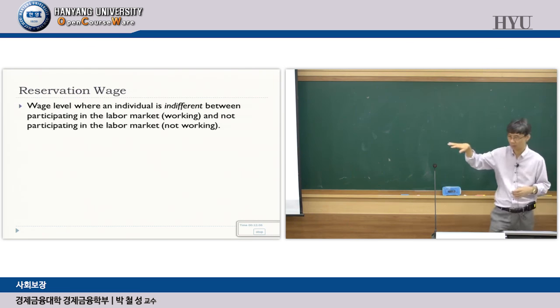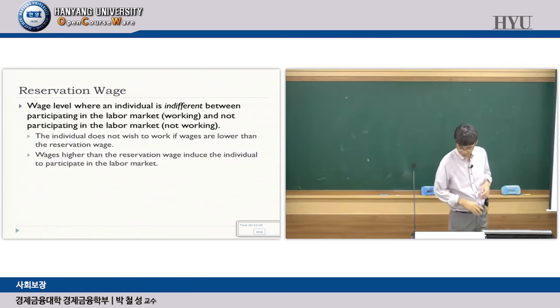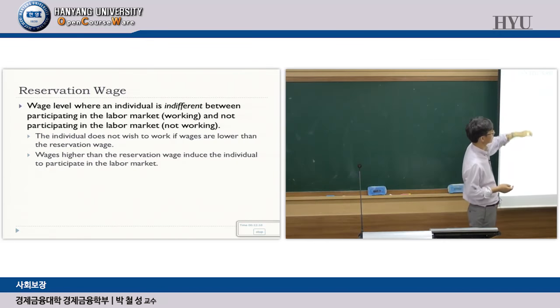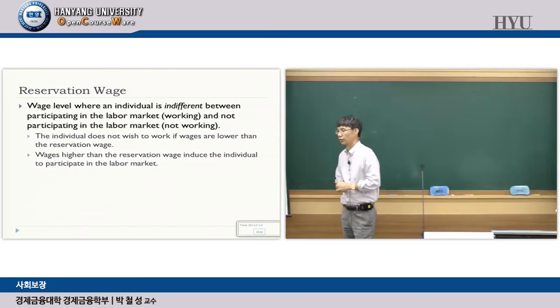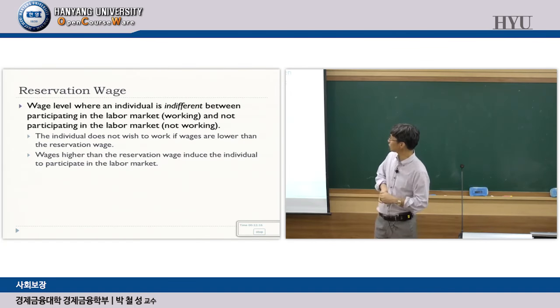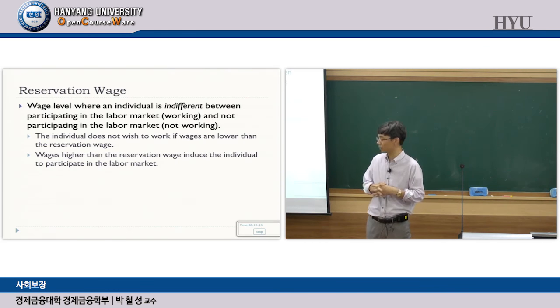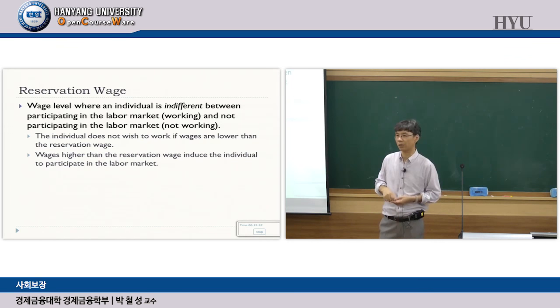Okay, get it? So the individual does not wish to work if wages are lower than the reservation wage. And a wage higher than the reservation wage will induce the individual to participate in the labor market, right? So if I know an individual's reservation wage and I have an unlimited amount of money, I can make anybody work.